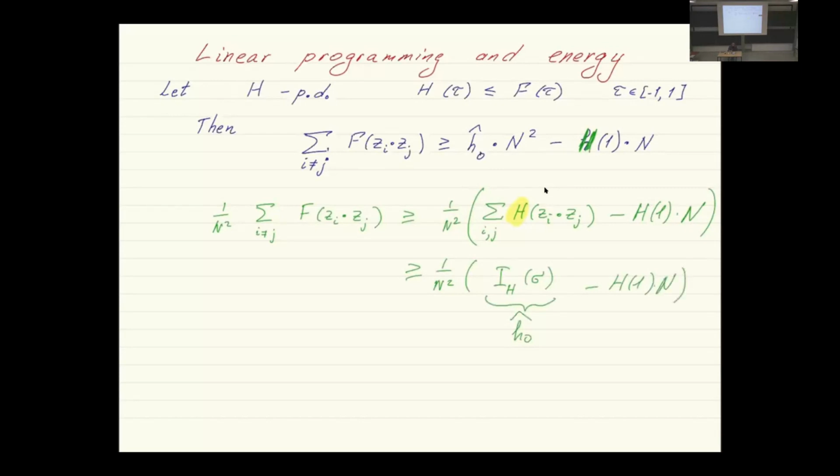And we have the bound multiplied by n squared. I'm sorry, this is 1 over n.